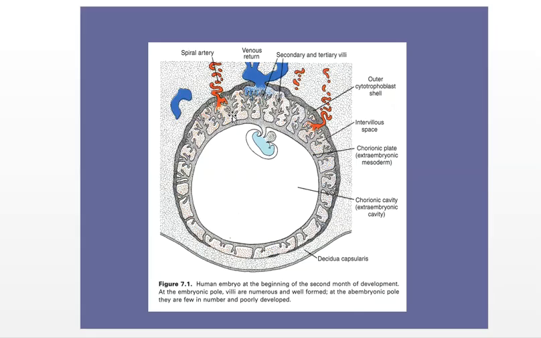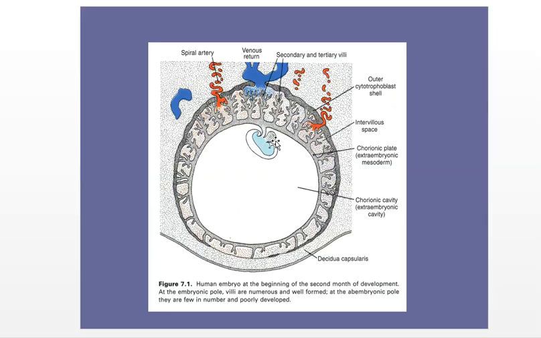Because this resembles these bush-like trees, we say chorion frondosum. At the other pole, the abembryonic pole, the opposite side of the embryo, the villi is not developed very well, and we say that this is a smooth chorion, because we don't need villi in this part, opposite the embryo.